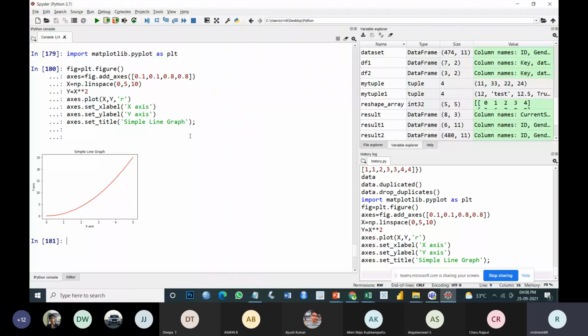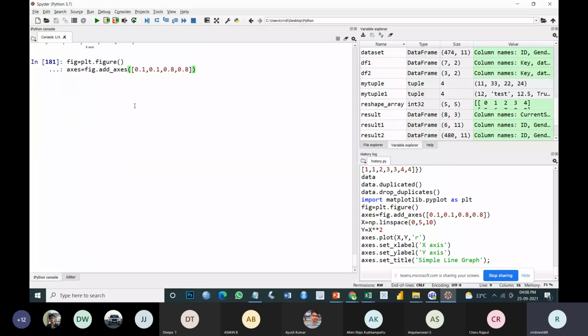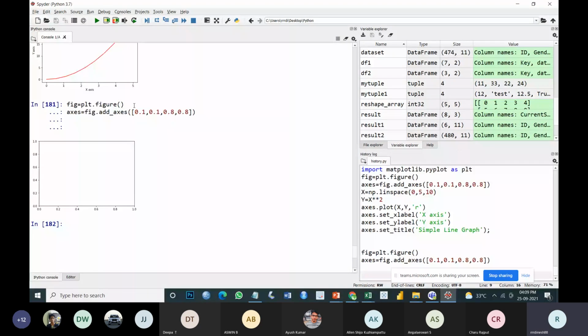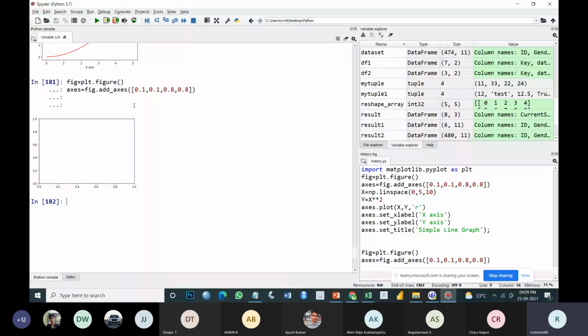Here, the first two lines define the x and y axis. We can define the boundary of the x and y axis.